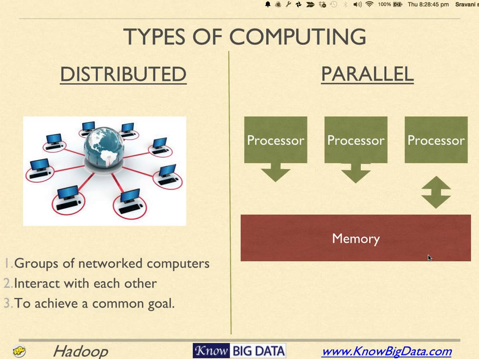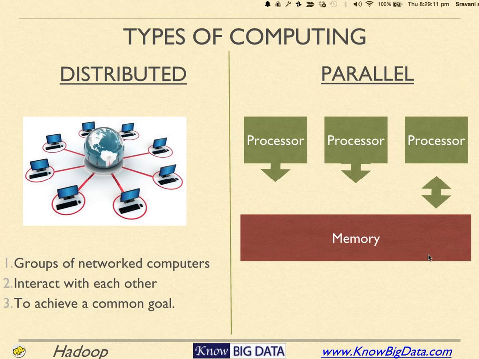We have Satya's question. Thank you, Satya, for that question. Could you please put me in a scenario on using distributed and on using parallel computing? Say you have to do genome sequencing and a lot of combinations need to be tried.